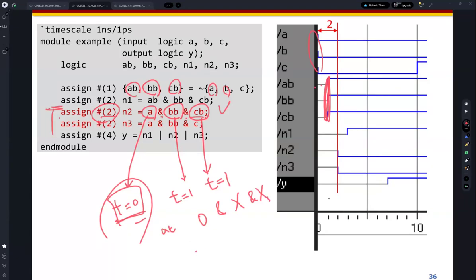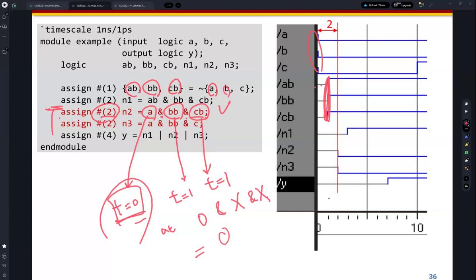What is the output? Output is 0. Why? This is because this is a 0, and this is an AND gate, right?